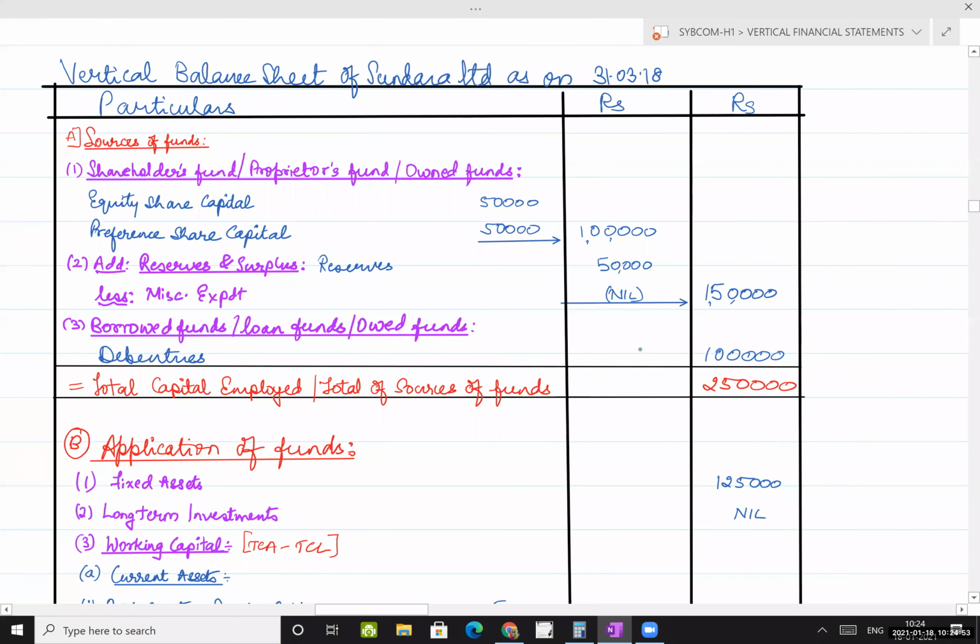Then write down borrowed funds. In that you have debentures of 1 lakh. Then total it 1 lakh 50 plus 1 lakh is 2 lakh 50. That's your total capital employed, also known as total of sources of funds.